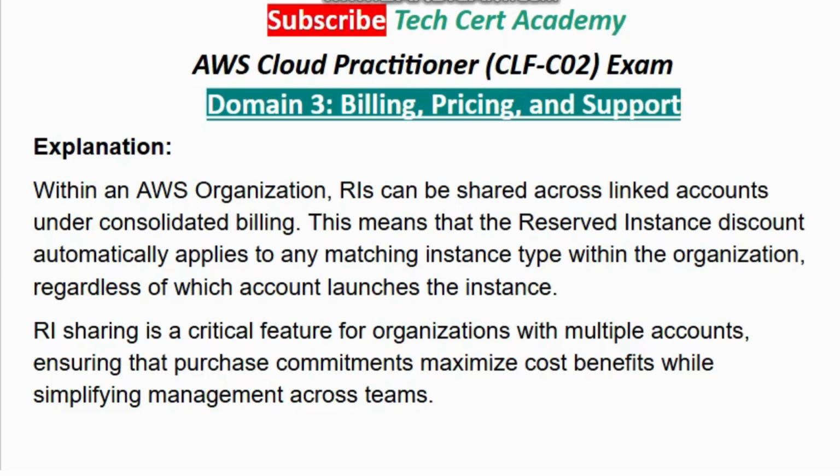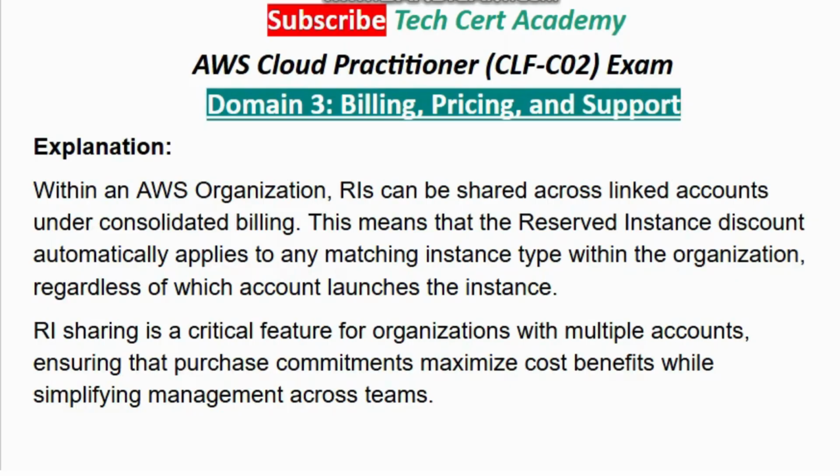This behavior reduces the risk of underutilization in individual accounts. Manual association is not required for standard shared RIs, though some types, like regional convertible RIs, may offer additional flexibility for modifications. RI sharing is a critical feature for organizations with multiple accounts, ensuring that purchase commitments maximize cost benefits while simplifying management across teams.